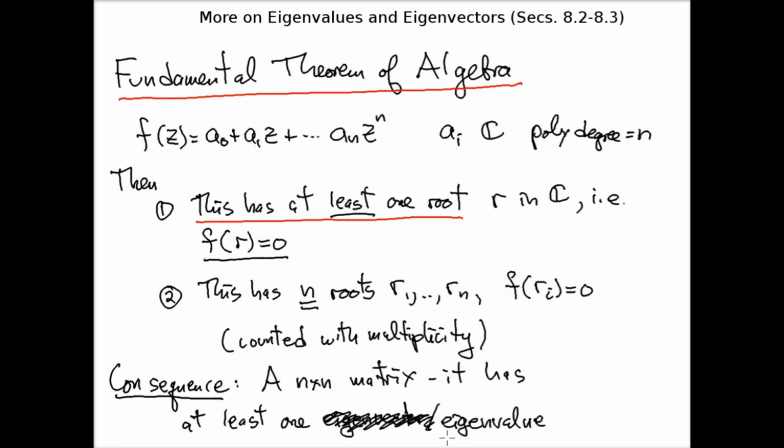It has at least one eigenvalue. And the reason is because you just take the equation determinant of A minus lambda I is equal to 0. This is a polynomial of degree n, and by the fundamental theorem of algebra, it has a root. It has a solution, lambda, and by what we've talked about, this lambda is an eigenvalue.